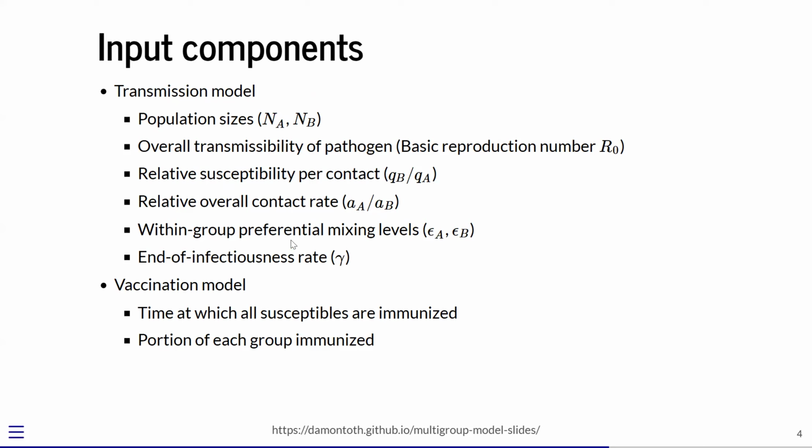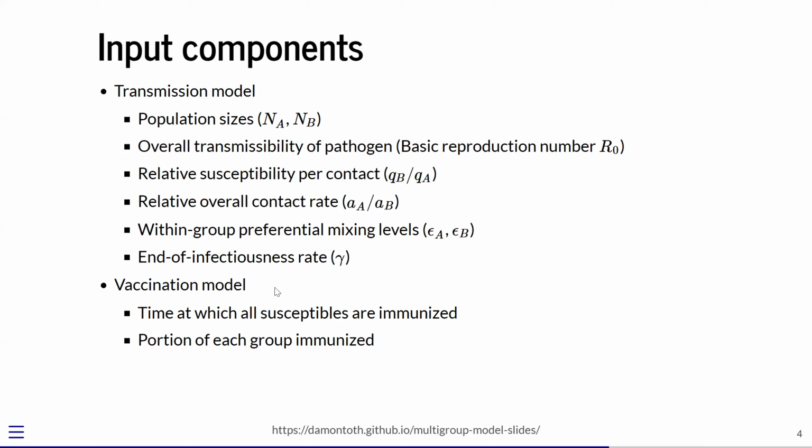Then we also have these within-group preferential mixing levels, which can be different for the two populations, epsilon A and B, which are those epsilon parameters. The recovery or end of infectiousness rate gamma, which is the inverse of how long people stay infectious on average.